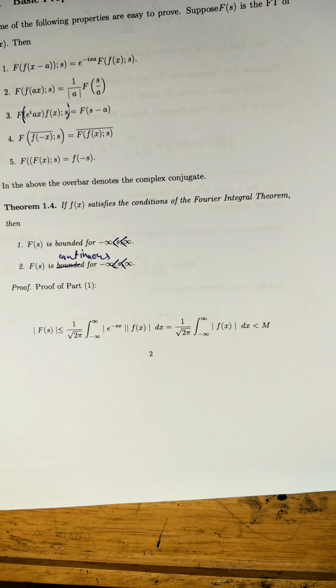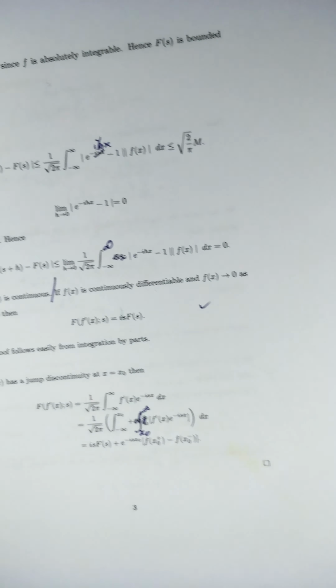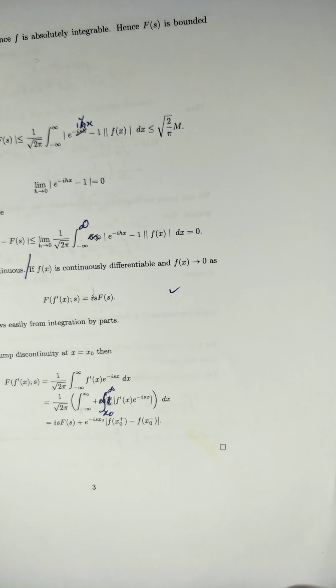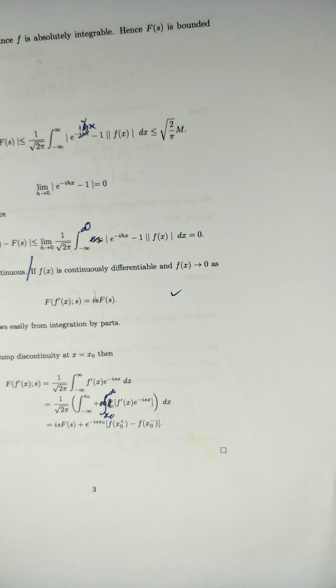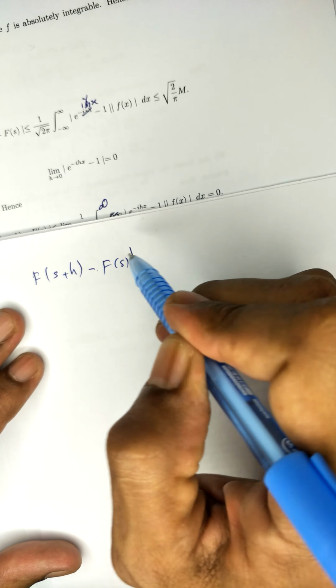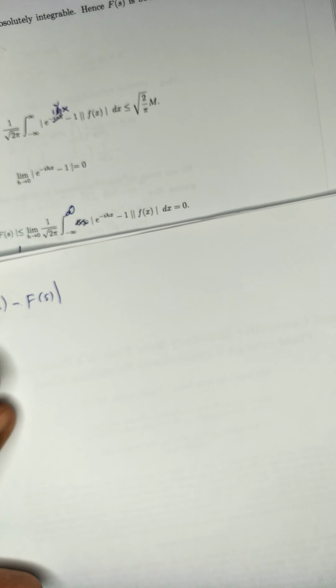To prove the second part, the continuity of the transform, if you take the difference for some small number h, we have F(s plus h) minus F(s). We take the difference between those two.